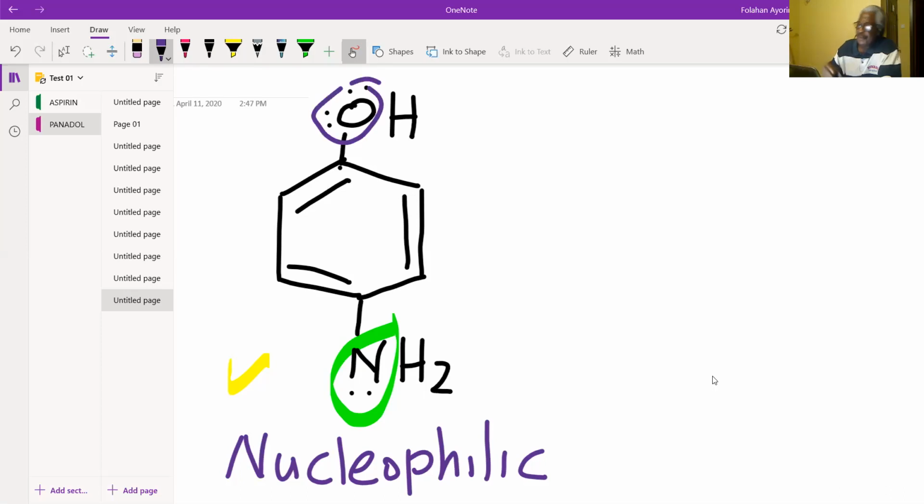In other words, the electron pair on nitrogen is more readily available to attack a positively charged center or an electrophilic center.